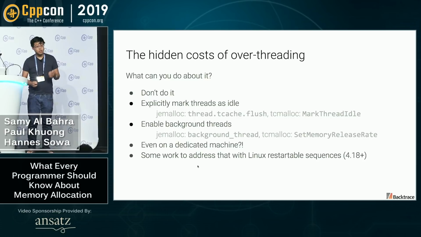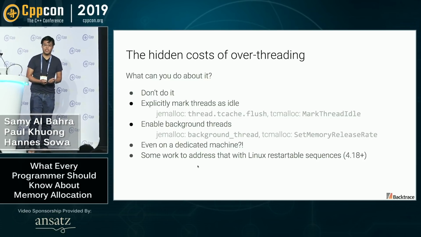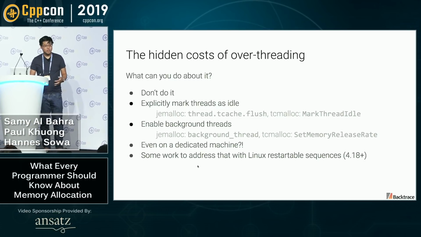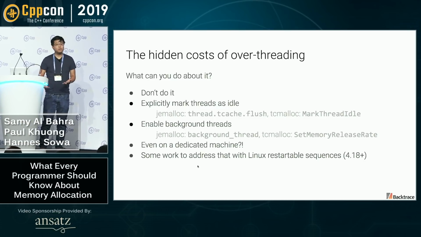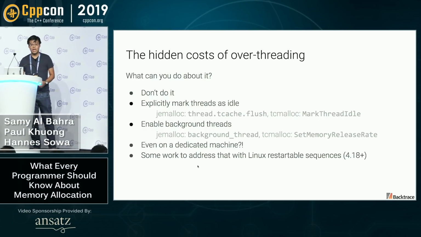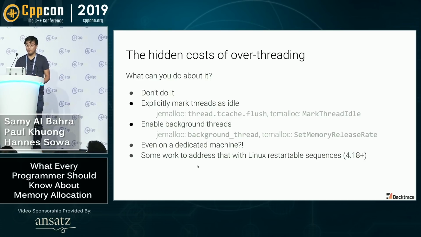And since it's very slow to transfer resources from one arena to the other, they tend to just hang on to their allocations. So if you have a ton of threads that go in one arena, do allocations, and then go to sleep, for instance, because there's no more work to do for a while, or because they're all waiting for disk IO, these allocations that were freed will just remain in the thread caches or in the arenas, and will not be available for reuse anywhere else. And that needlessly increases the size of your process.